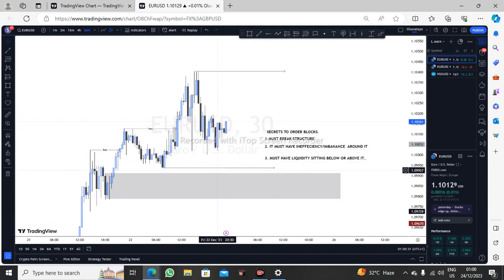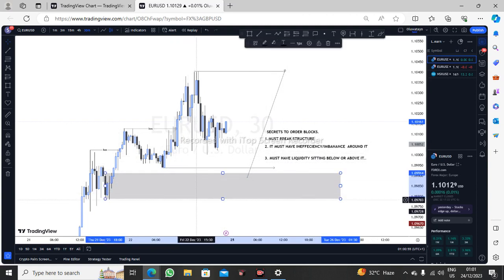We expect price to come and take out this low, tap into this order block before price actually delivers in its direction. That is, price has engineered liquidity. Now price has met this rule, it has broken structure, correct? It has inefficiency and imbalance around it, very correct, and also it has liquidity sitting. So therefore it makes this order block a very strong and valid order block.